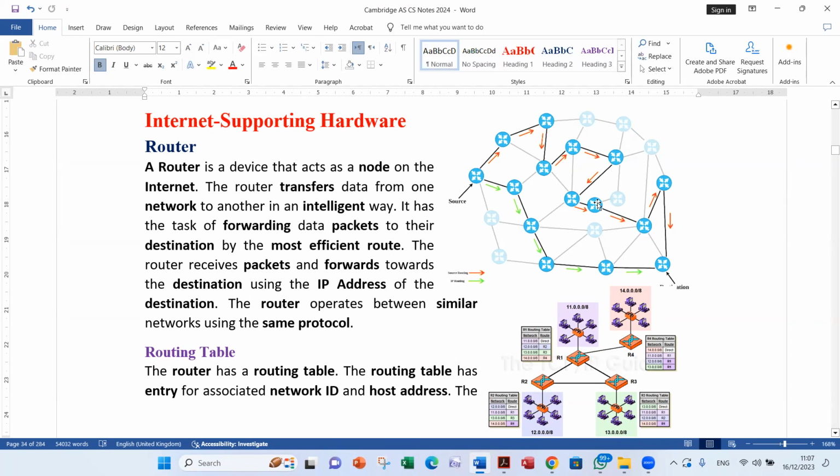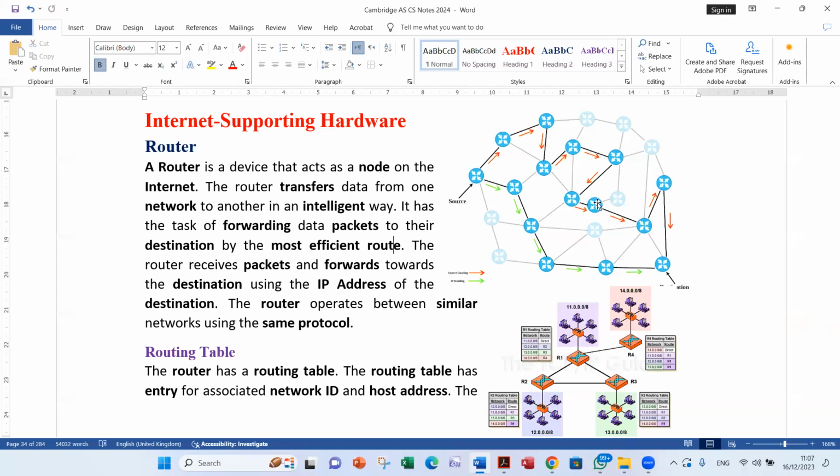The router at your home is called a gateway. It's not really a router. Sometimes we call it a gateway router, or sometimes we just call it a gateway. A gateway is the router at your home because it connects two networks of two different protocols.